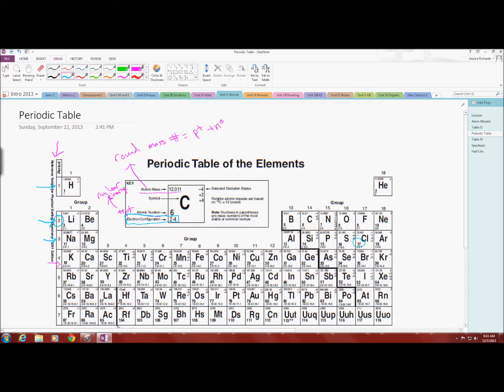All the way to neon with 2-8. All of these have 2 numbers. They have 2 principal energy levels. What these electron configurations are telling you is how many electrons are in each principal energy level. So if I look at carbon's, he has 2 electrons in the first principal energy level and 4 electrons in the second principal energy level. So it tells you where the electrons are and how they're arranged.